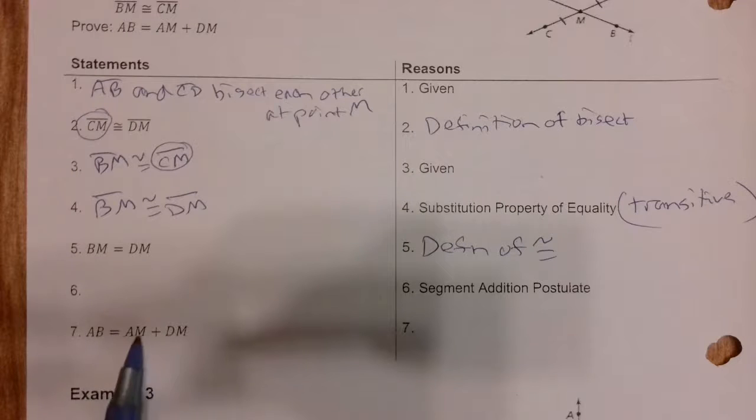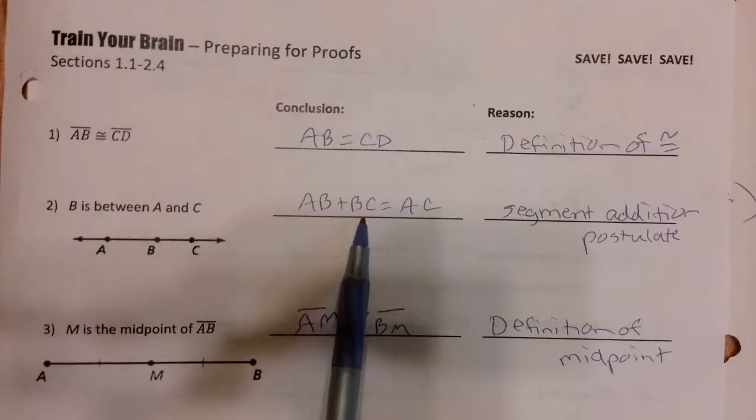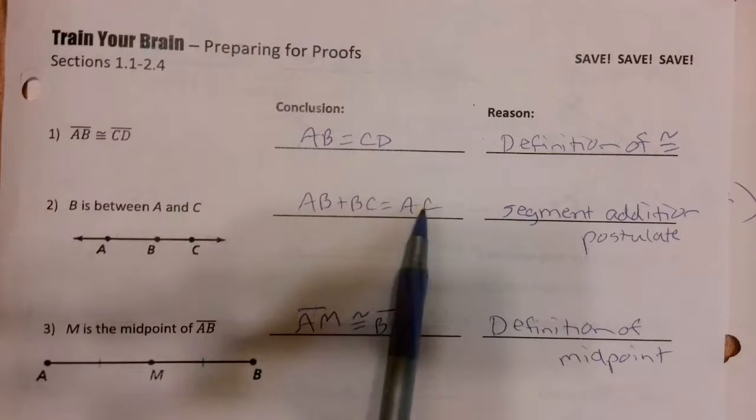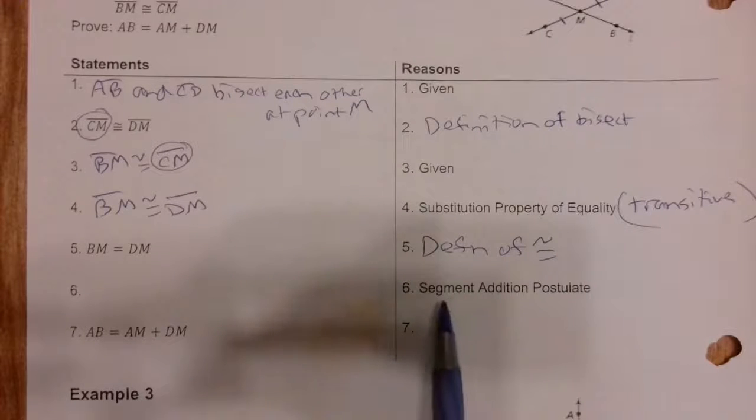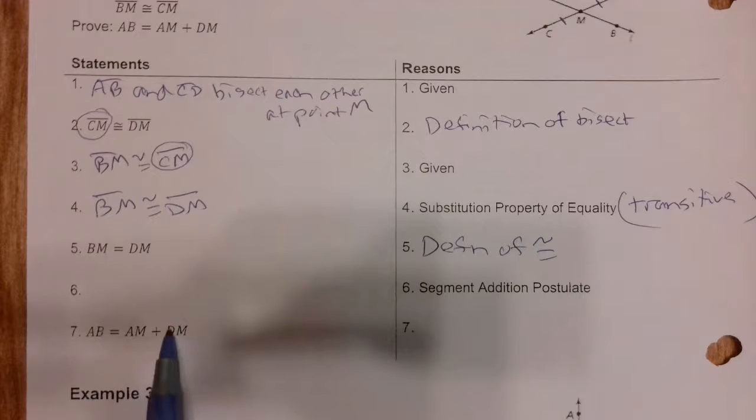This setup right here looks a lot like this sort of thing, where you're adding two segments together to equal a whole thing. It really looks like the segment addition postulate. And if you look, number 6 says segment addition postulate. So the question is, which one should we put here?